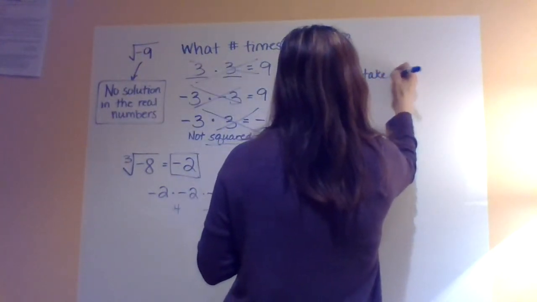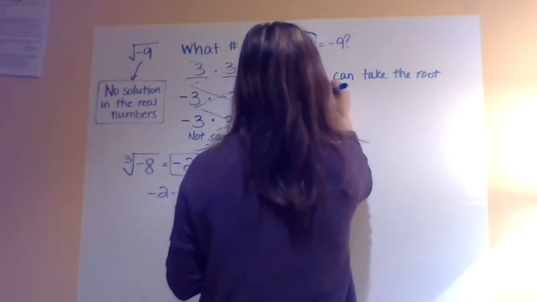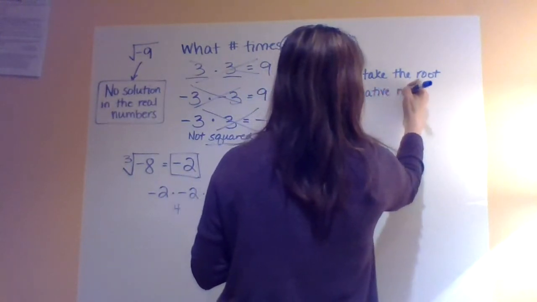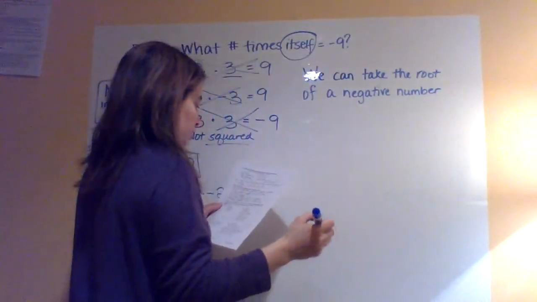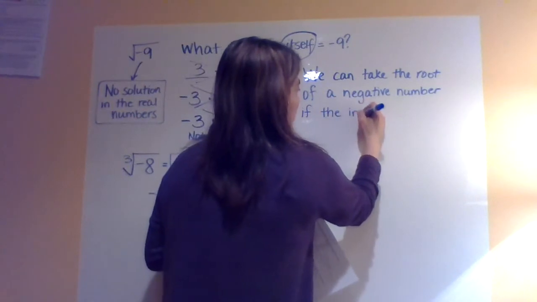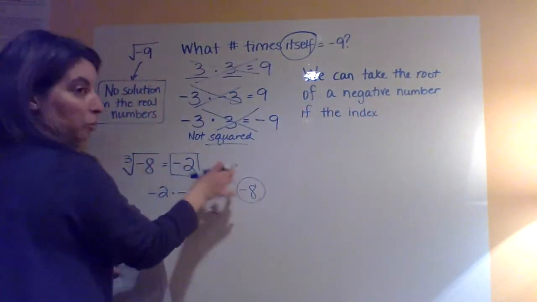We can take the root of a negative number if the index, right? The index is over here and it tells us how many times we're multiplying that thing.